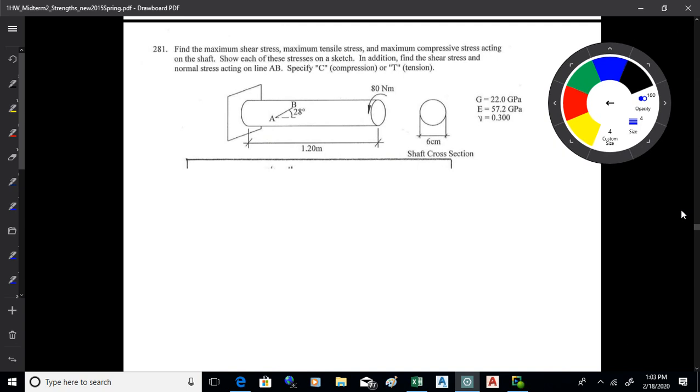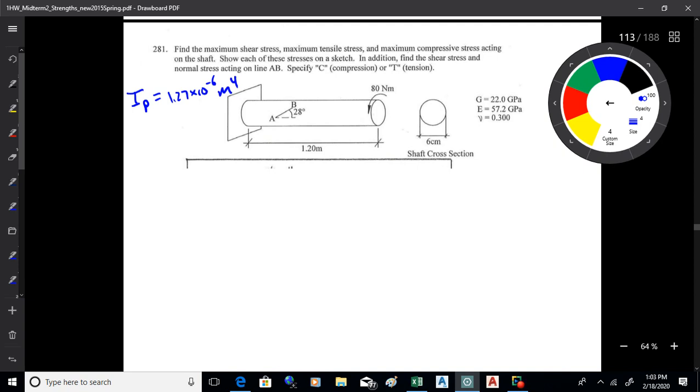On this one, I think what you want to do here is, as you know, most commonly you always want to find that polar moment of inertia. And that's 1.27 times 10 to the minus 6, and that's meters to the 4.